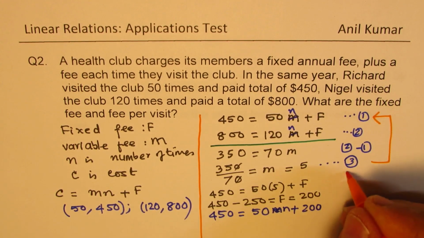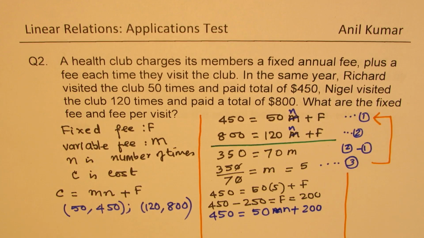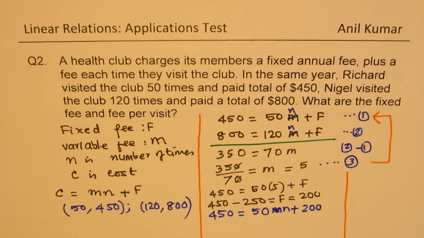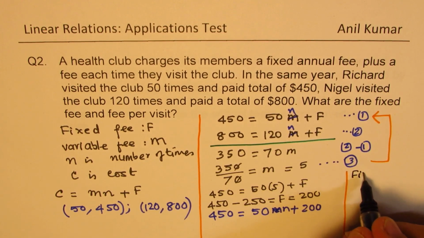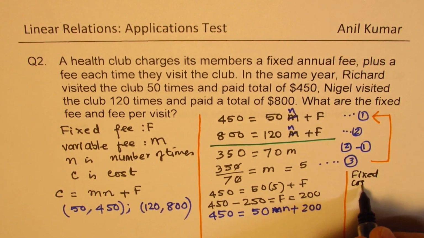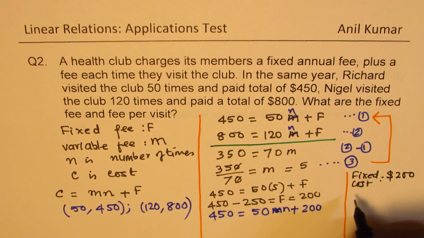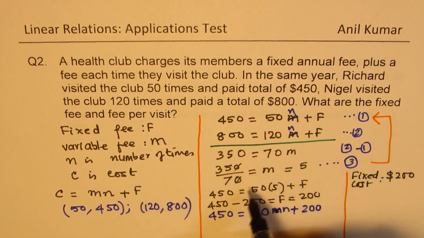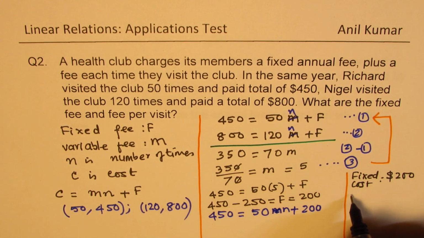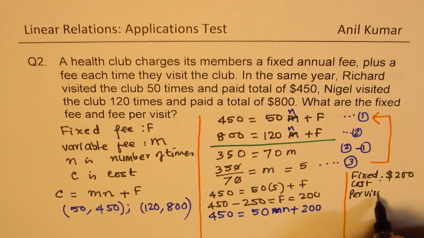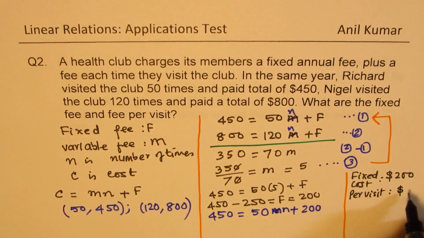So from here we get both the fixed cost and the fee per visit, right? So the fixed cost is $200 and the rate, which is m, is $5 per visit.